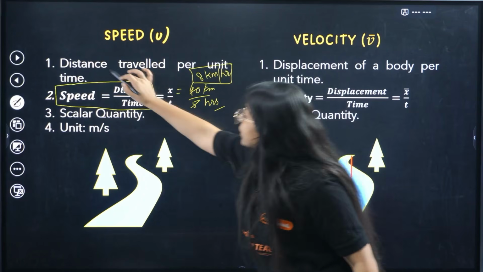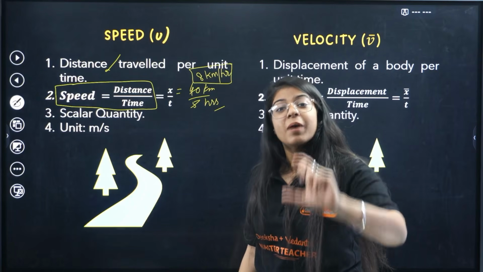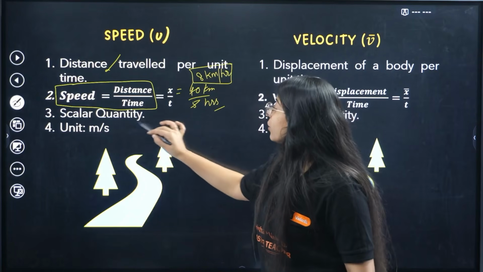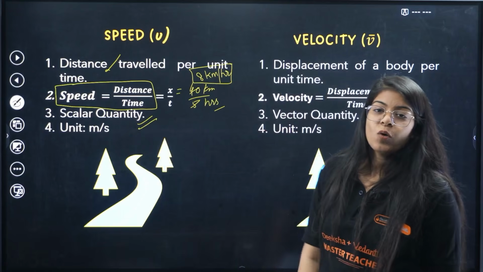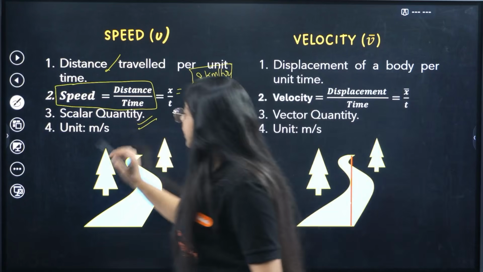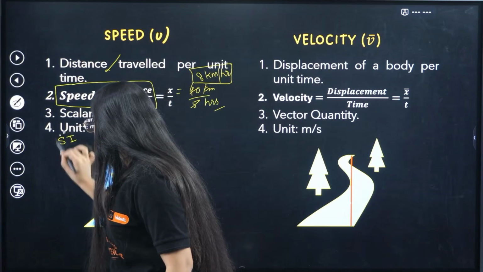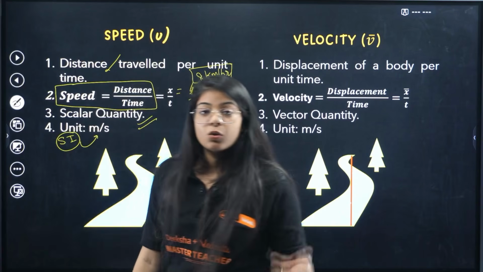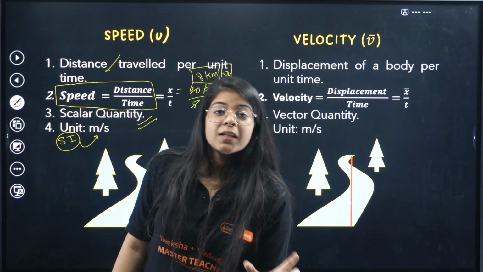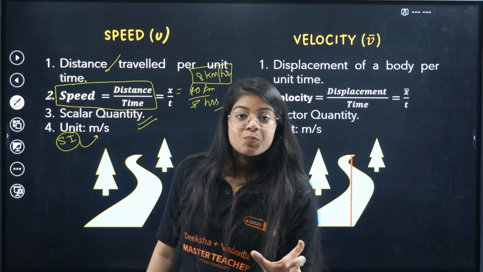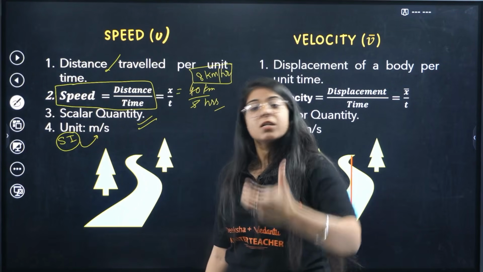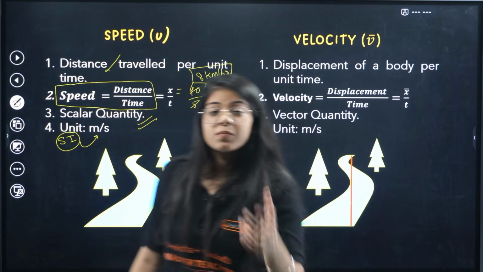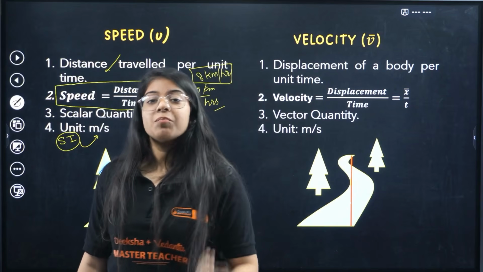So distance is also scalar. When you divide it by time, which was also scalar, the quantity comes out to be a scalar quantity, and the SI unit will be meter per second. Total distance traveled by the total time taken will be your speed. That will be distance in meters, time in seconds. Okay, very normal. So the SI unit is meter per second.